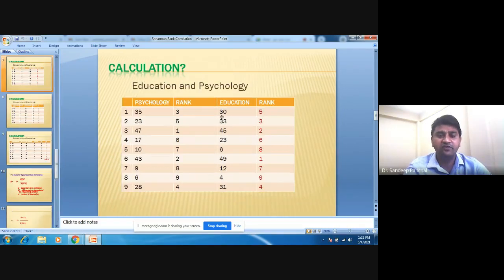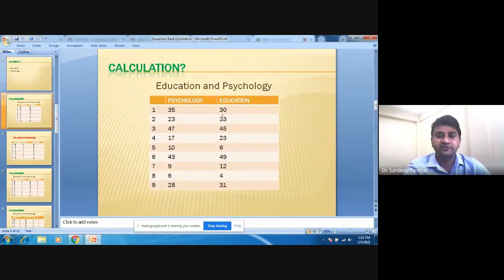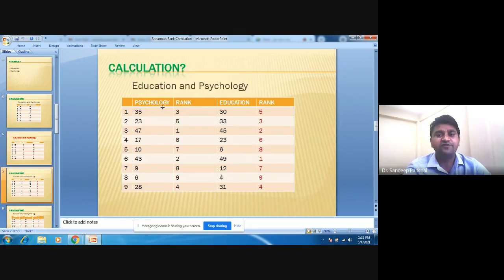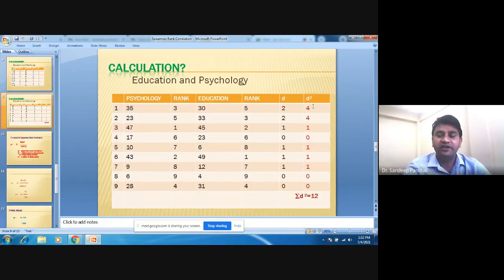First, we have the 2 variables. Then we will assign the ranks of the 2 variables. After assigning the ranks, we will calculate the D, the difference between ranks. Then we will calculate the D square. After D square, we will calculate the sigma D square, that is 12.